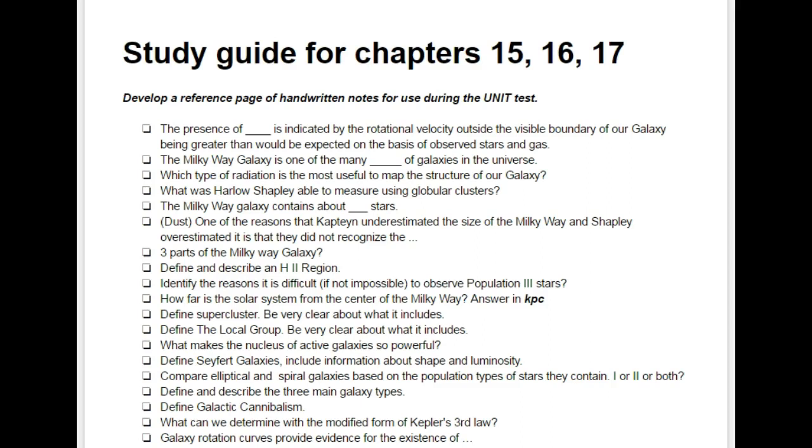About how far is the solar system from the center of the Milky Way? The answer is 8.5 kpc, or kiloparsecs. Define supercluster. Be very clear about what it includes. It is a cluster of dozens of galaxy clusters, not just galaxies, but clusters of other galaxies.